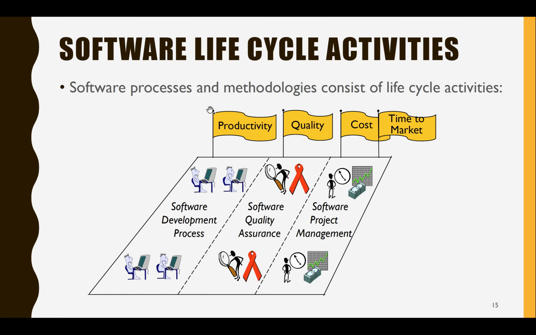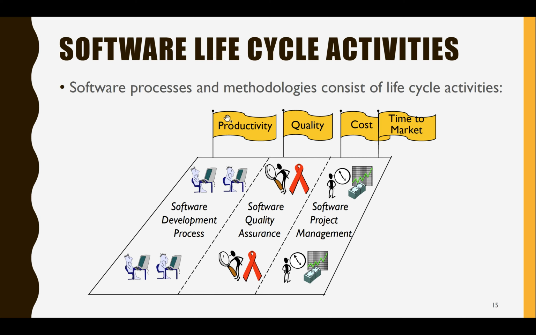One main kind of activity in software engineering is what we call life cycle activities. There are three kinds: the software development process, quality assurance, and project management.